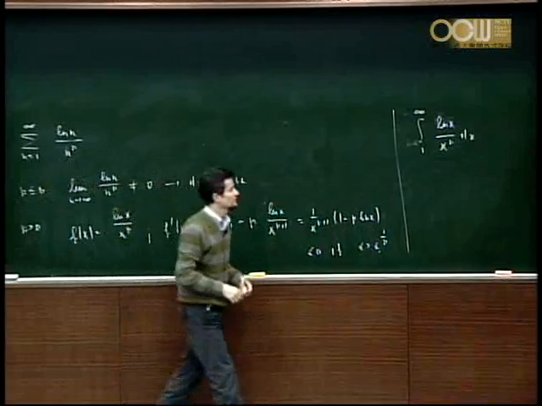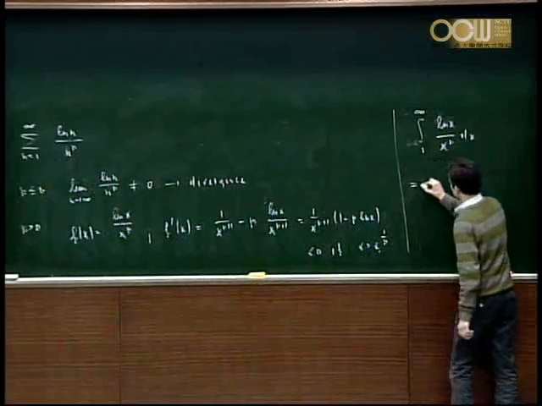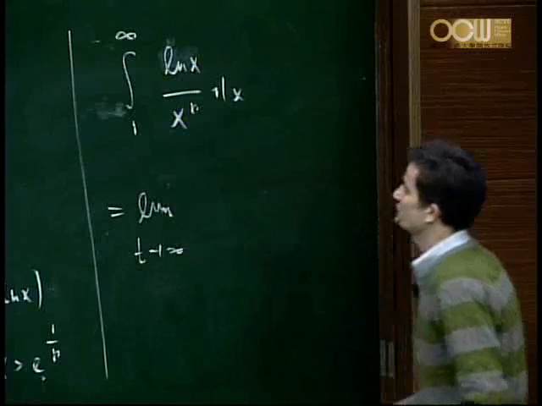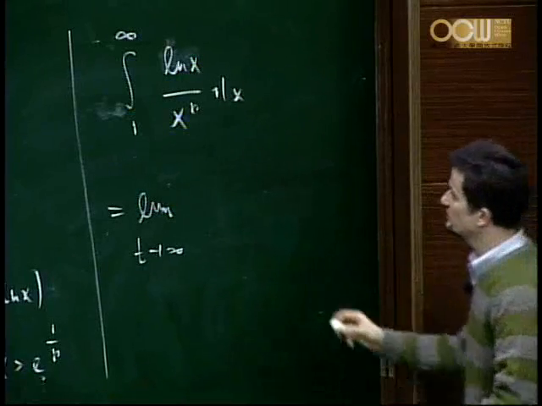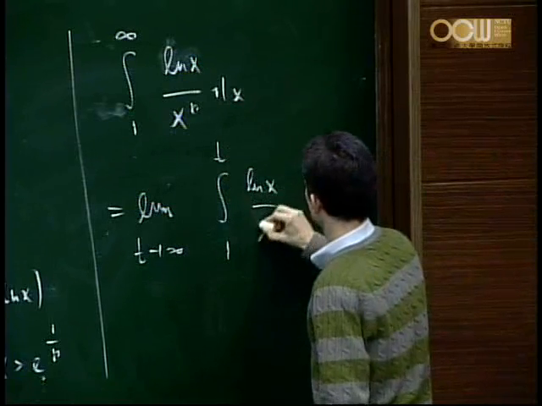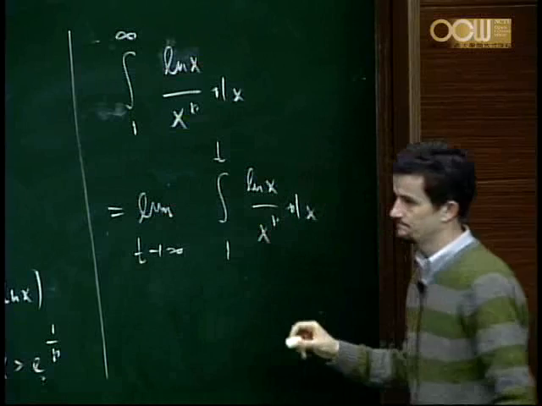And normally it's easier for integrals, because for integrals we have much more tools in order to handle them. So you see that what we have to do is look at the limit as t tends to infinity of the integral from 1 to t of ln of x over x to the p dx.